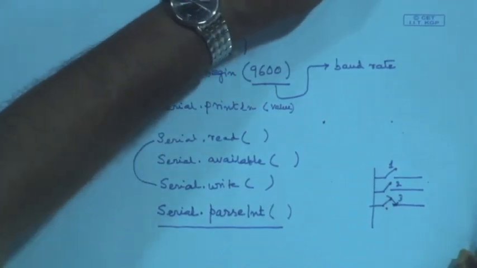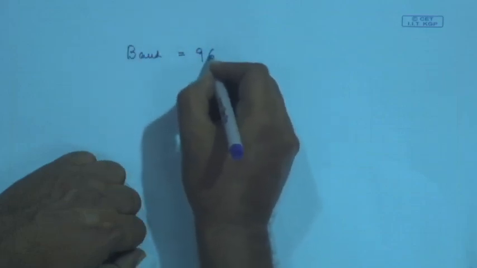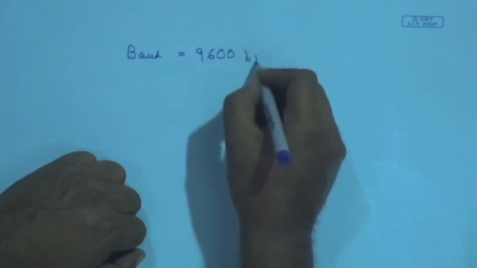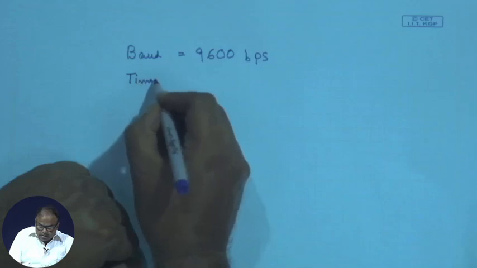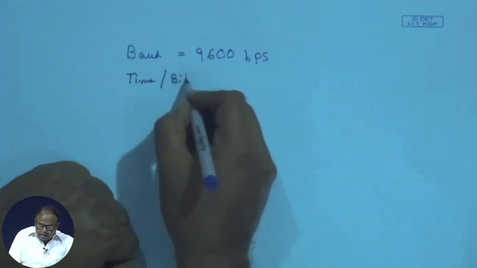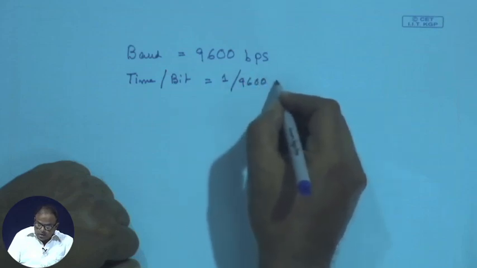Okay. Now, we can have two different communication protocols. One is of course serial, and we said if the baud rate is 9600 bps, bits per second, then we know that the time per bit is 1 by 9600 second.